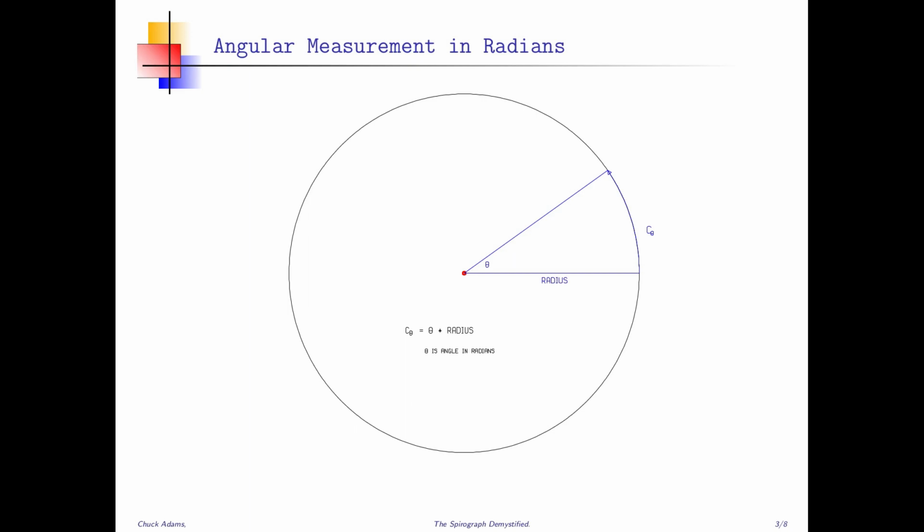Let's talk about angular measurement. If you have two lines joined at one end but separated, they are separated by this area in between, and we call the difference between here and there, if we rotate this line about the center, the angle of separation between the two lines.